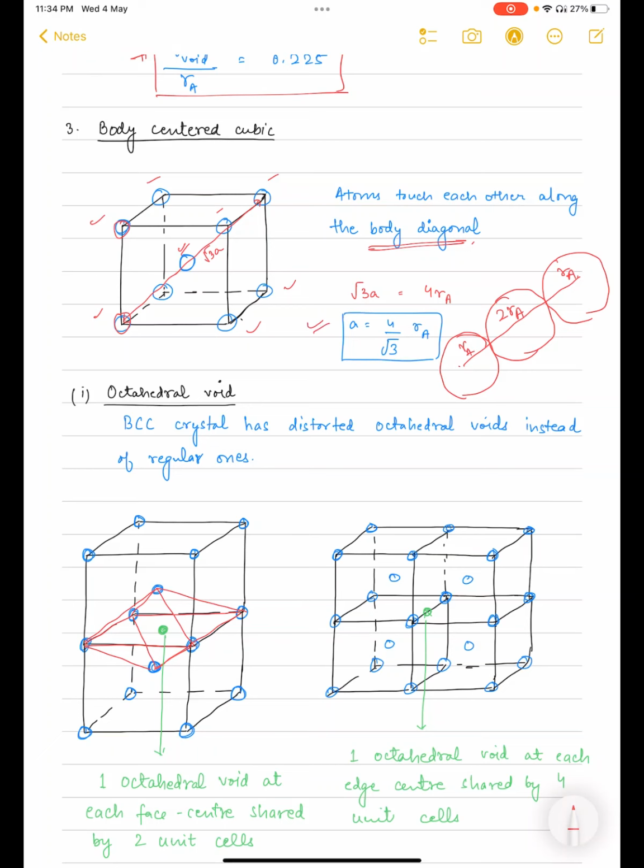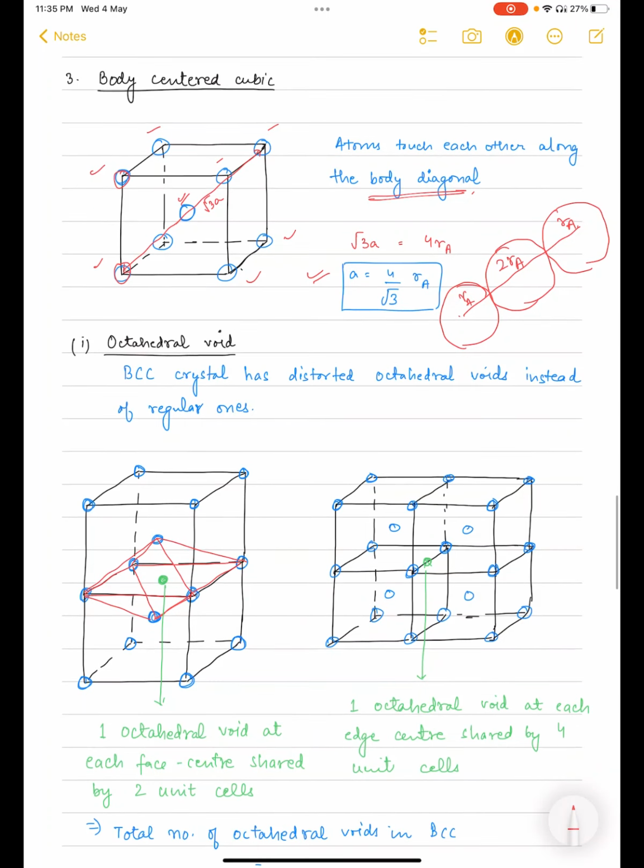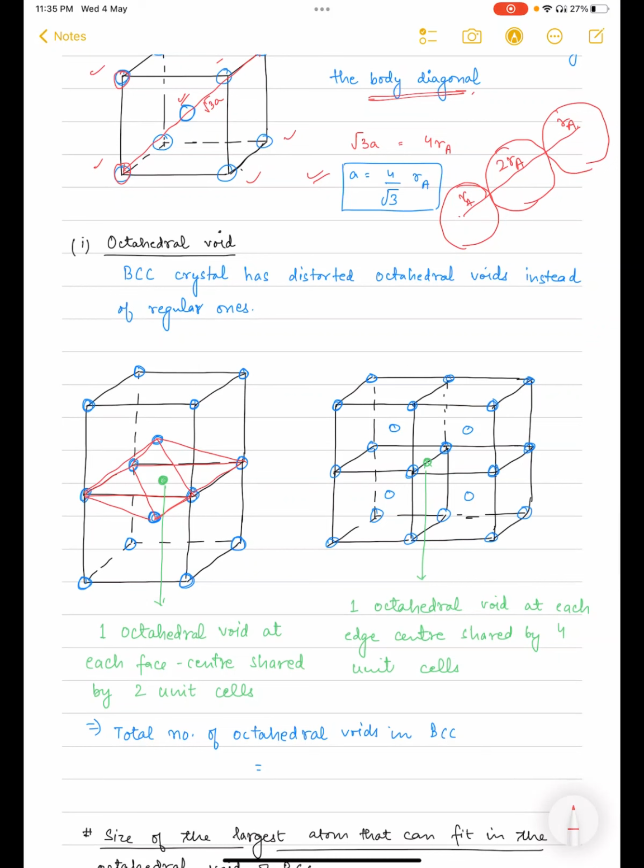This gives us A equals 4 by root 3 into atomic radius. So let us first see the octahedral voids in BCC. BCC crystal has distorted octahedral voids instead of regular ones. This means that all the edge lengths of the octahedral voids are not equal.